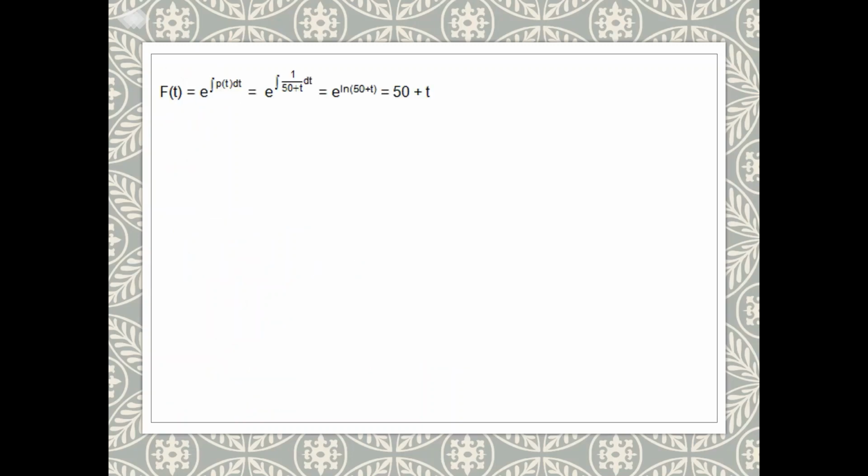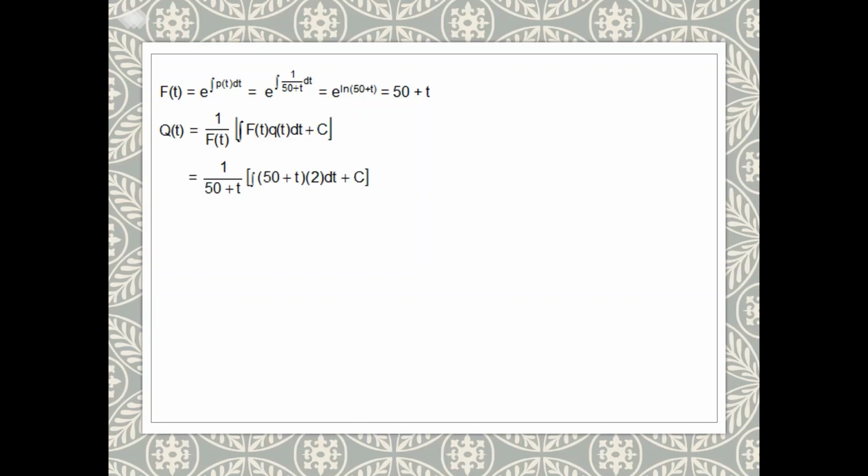Next, find the integrating factor F(t), which is equal to exponent of the integration of P(t) with respect to t. As P(t) is equal to 1 over (50 plus t), integrate this, you will get ln(50 plus t). As exponent and ln come together, this can be simplified to 50 plus t.